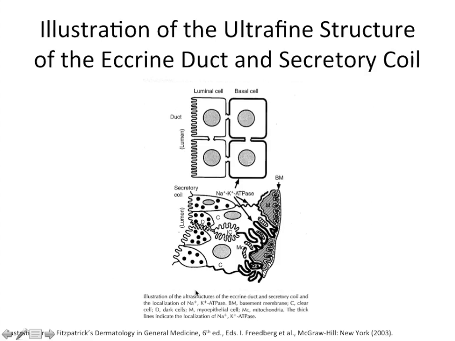So just to clarify that a little bit, we have these two illustrations here. The one in the bottom are cells that belong to the secretory coil. And again, this is the empty space in the secretory coil.